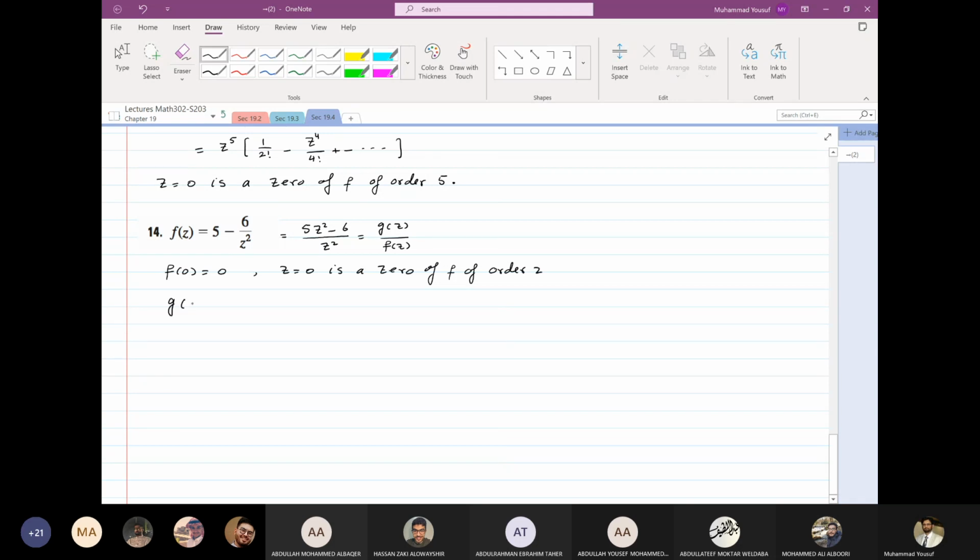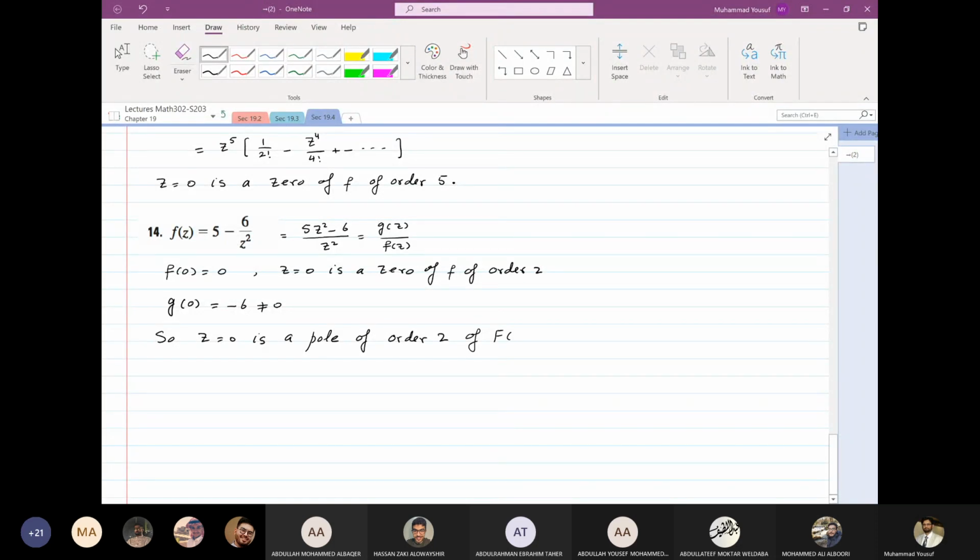But we also need to make sure that g of 0 is not equal to 0, and it is clear. G of 0 is equal to negative 6, which is not equal to 0. So z equal to 0 is a pole of order 2 of capital F.